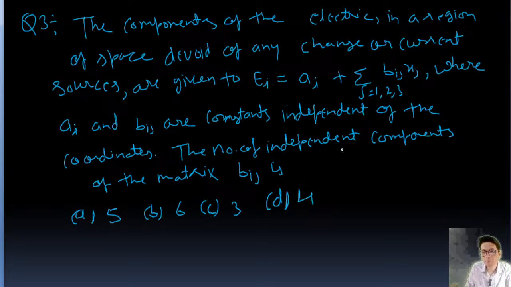The number of independent components of the matrix Bij is what we need to find out, guys.